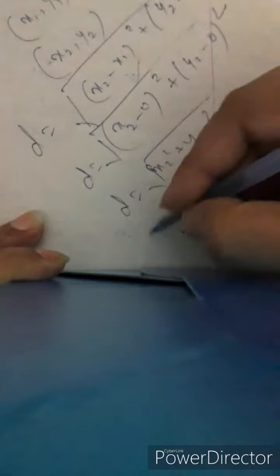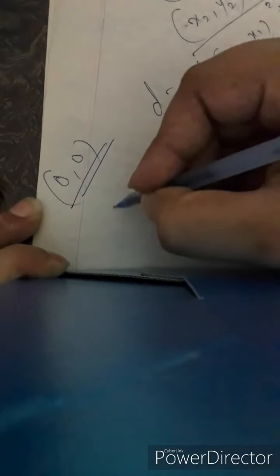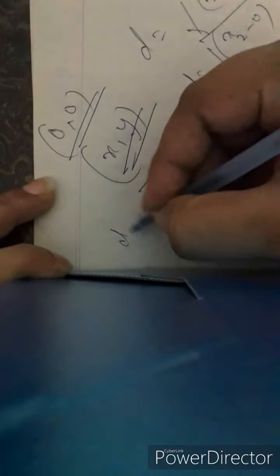I hope you are able to get what I am writing here. That is, if two points are there, one is the origin 0, 0 and another is x, y, the distance of x, y from the origin becomes root under x square plus y square. This is the distance formula for the distance of a point P from the origin.